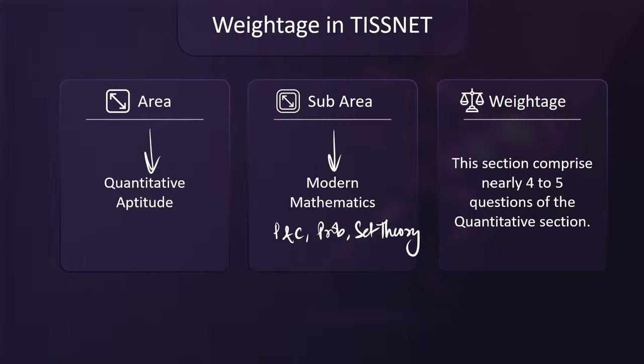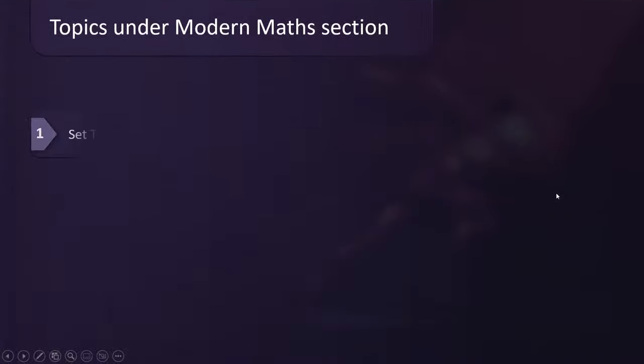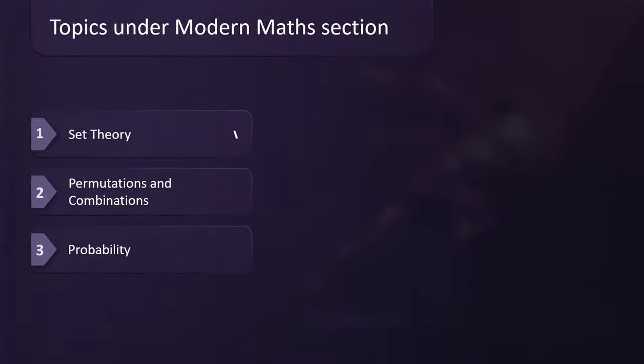And you are going to have around 4 to 5 questions in the quantitative section. Comparing this topic with other topics, obviously this is not a lot, but 4 to 5 is a good enough number of questions. So we have got set theory, PNC and probability.